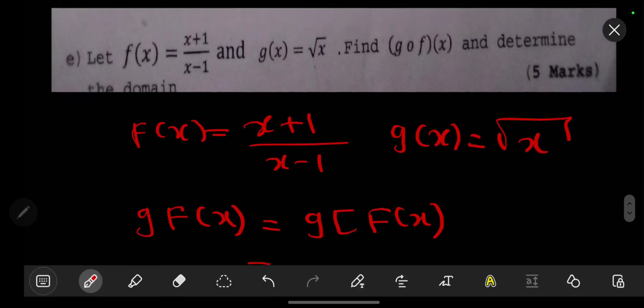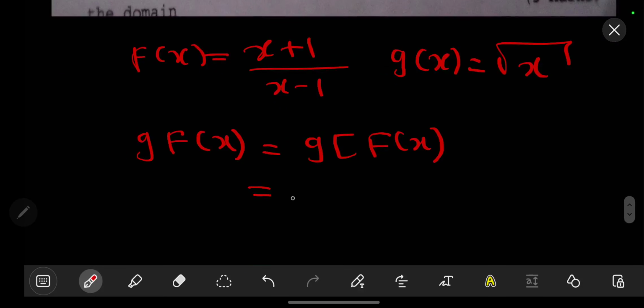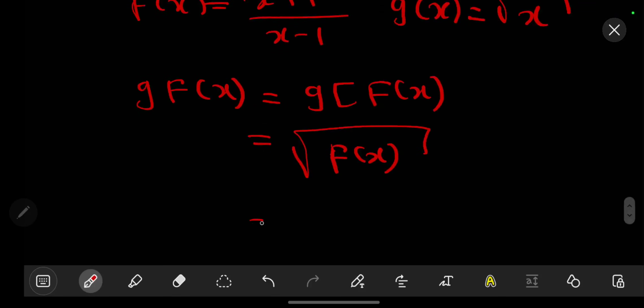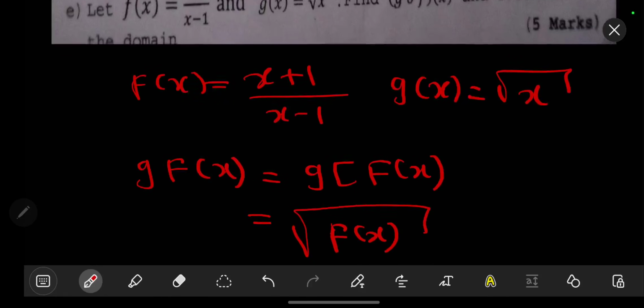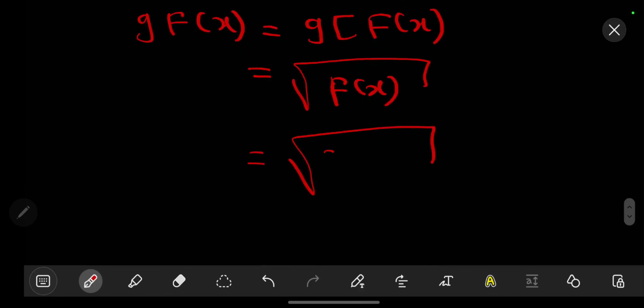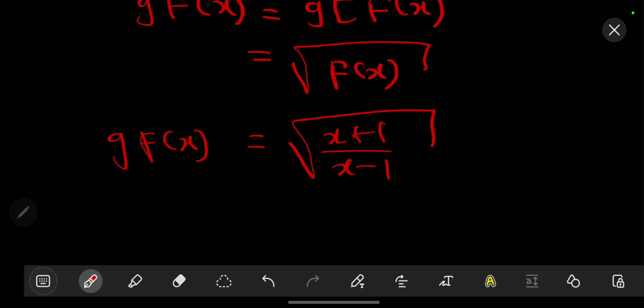So g of x is equal to the square root of x, and where there is x, we are going to put f of x. Now replace: we have the square root of f of x, which is x plus 1 over x minus 1. So this is our g f of x.